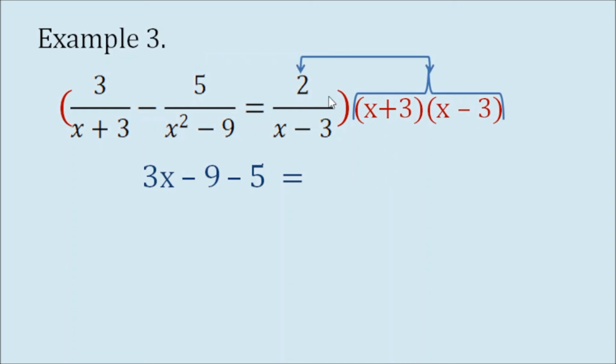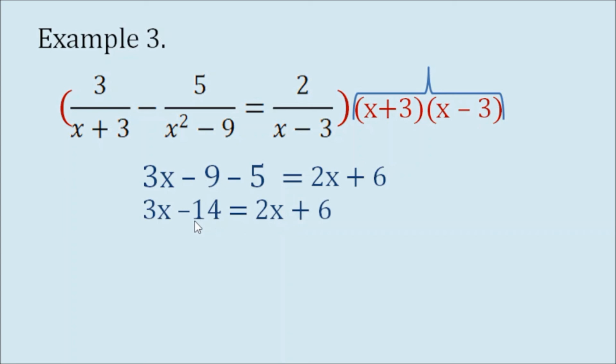Then 2 times this LCD here, x minus 3 is common, so we are going to cancel out x minus 3. So we will just multiply 2 times x plus 3, it gives us 2x plus 6. Now we can simplify negative 9 minus 5, that's 3x minus 14 equals 2x plus 6.